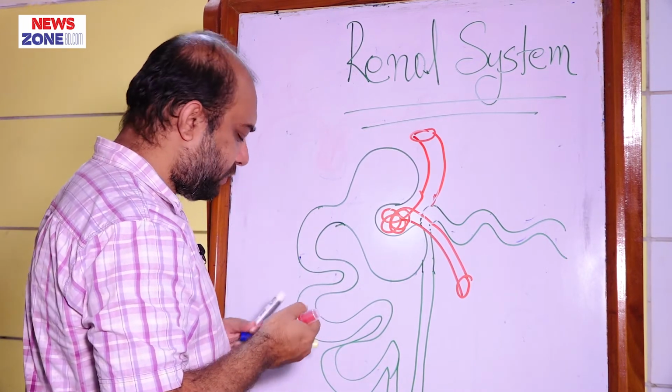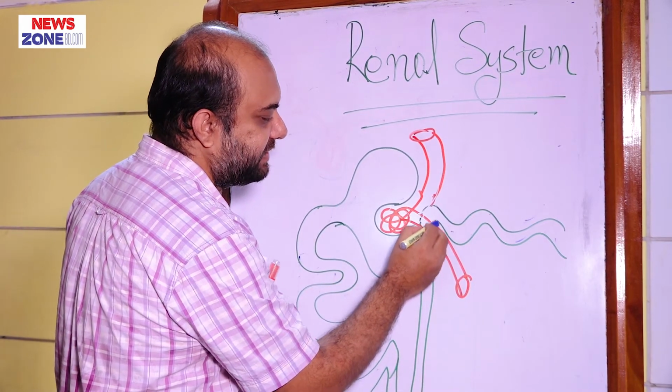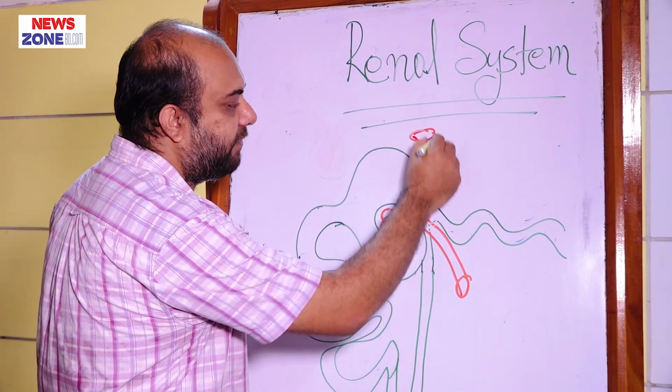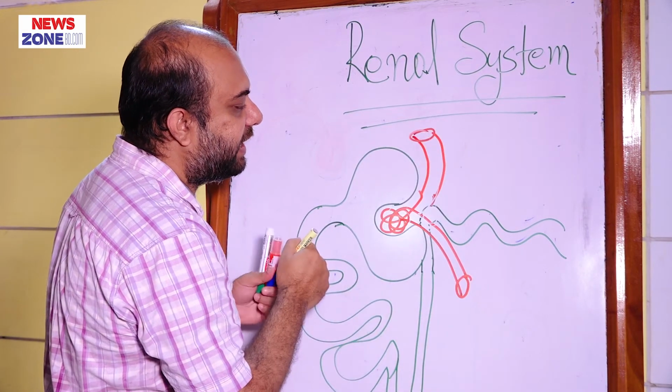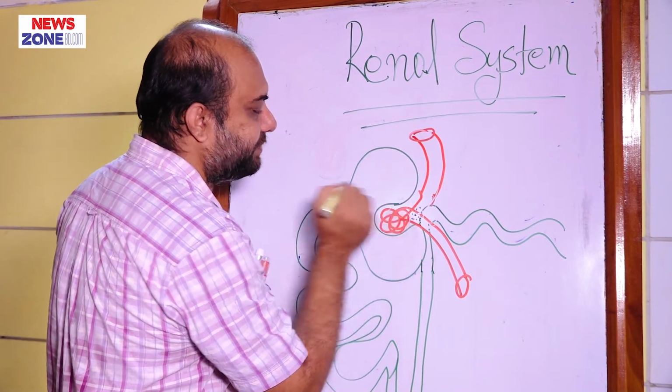So we can tell macula densa is present here, and in between macula densa and afferent and efferent arteriole there are some Lacy cells.